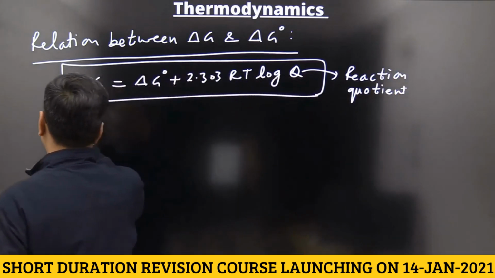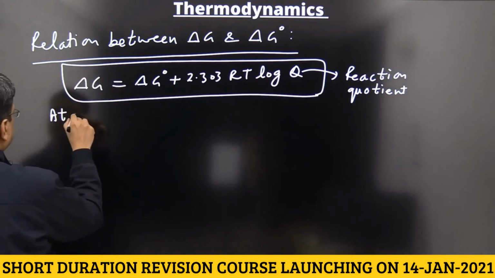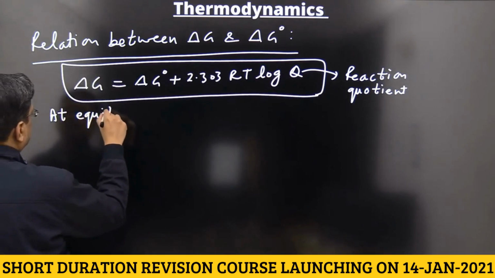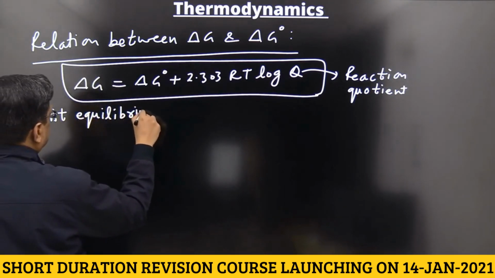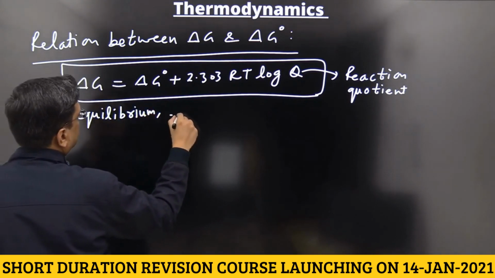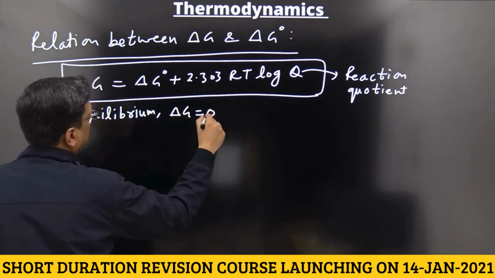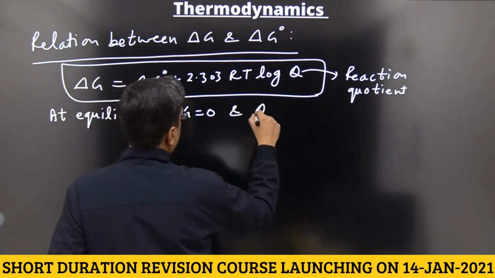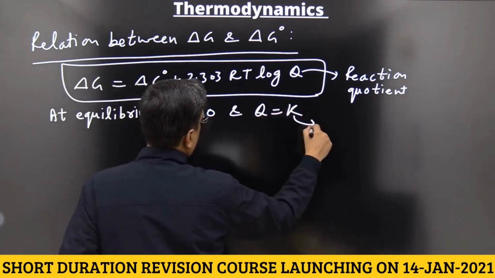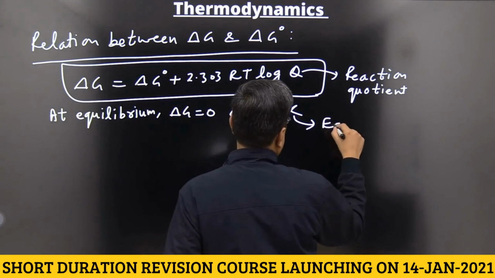Now, at equilibrium, delta G is equal to 0 and Q is equal to K, the equilibrium constant.